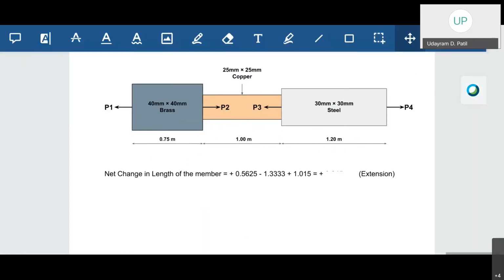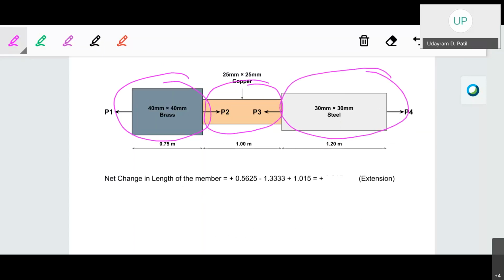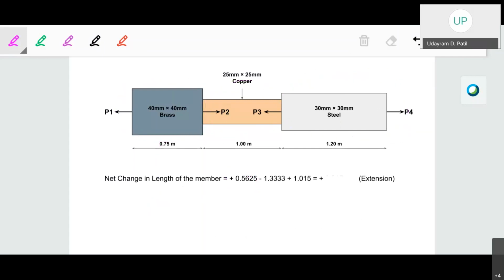Okay, so now calculating the net change in length of the member. As per our calculation, the first member is elongated, the second member is contracted, and the third member is elongated. Therefore the net value will be the elongation of the first member, that is plus 0.5625.